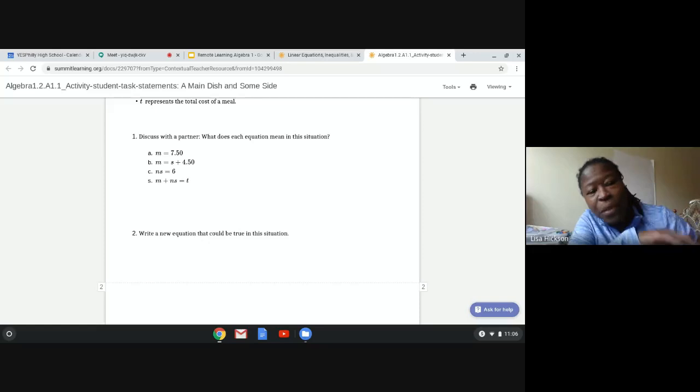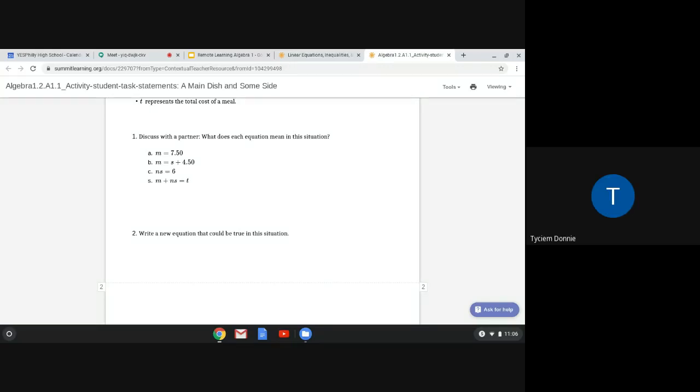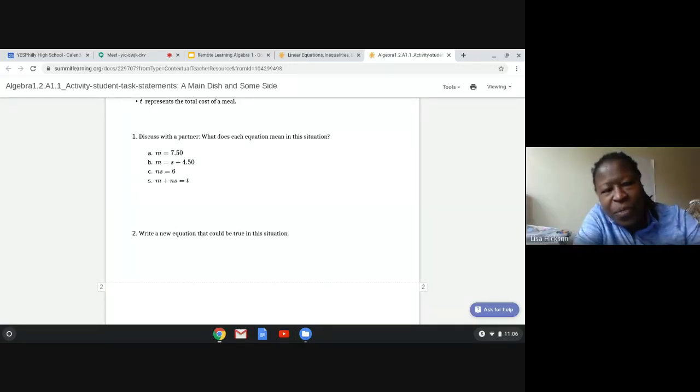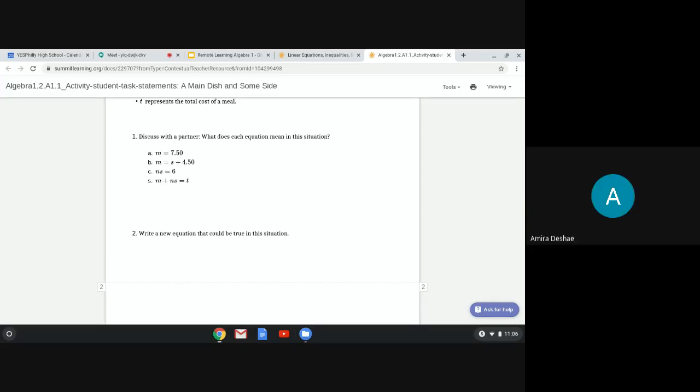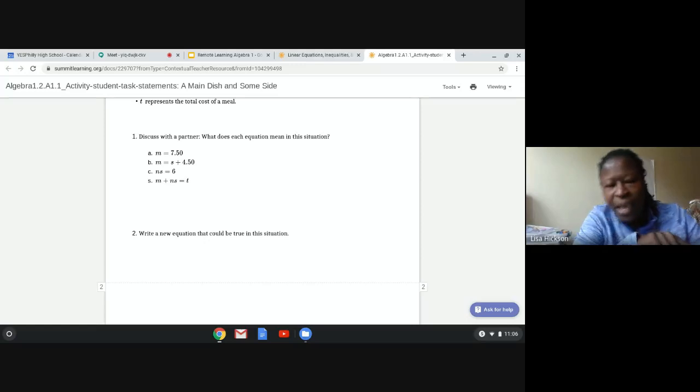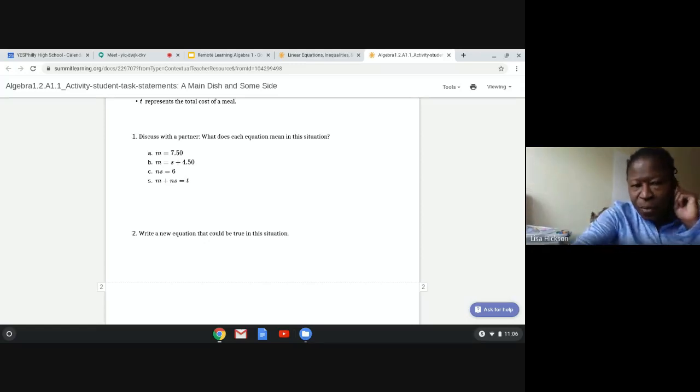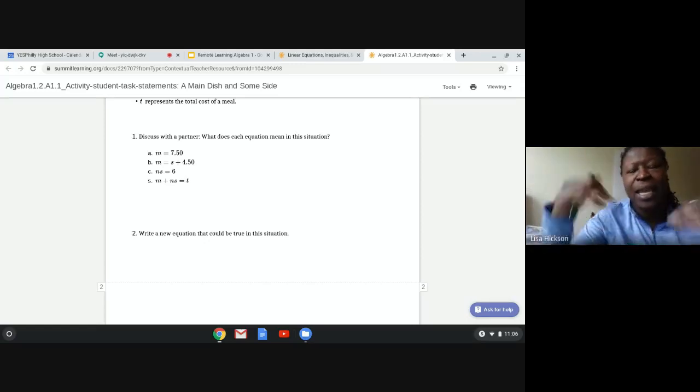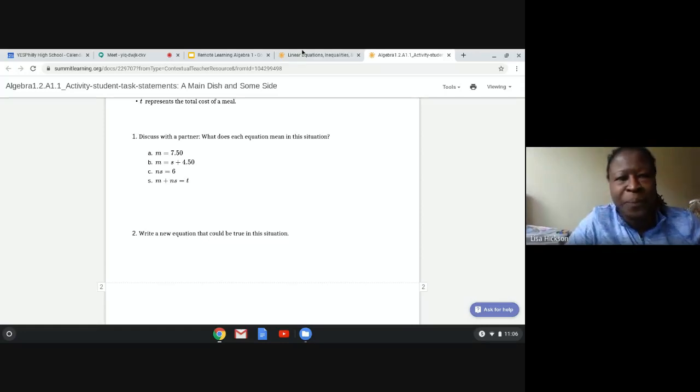You know that the meal is equal to the cost of the side plus $3.50. You know that the number of sides times the cost of the sides is equal to 6. No, wait, 2 sides. 2 sides is $3. Okay, so use that information for what you can gain, and everybody send me one.